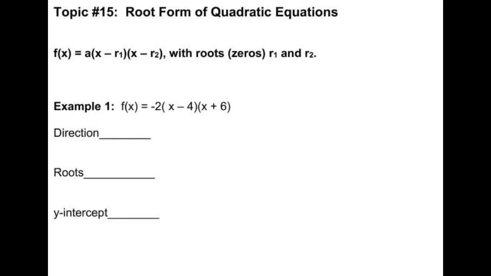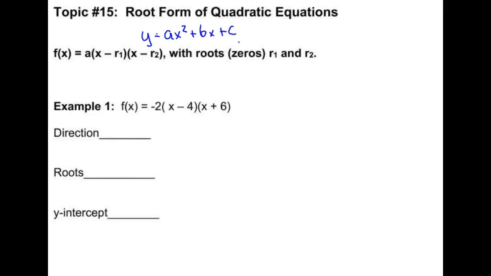The last topic we did, topic number 14, was graphing parabolas, or graphing quadratic equations in standard form. The standard form that we were used to was y is equal to ax squared plus bx plus c.